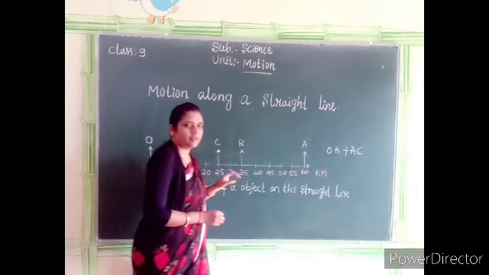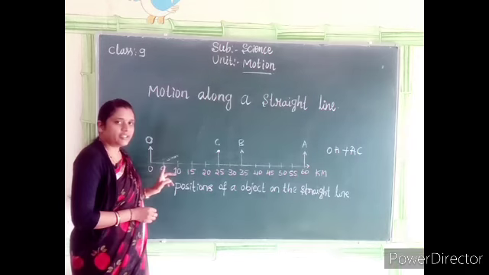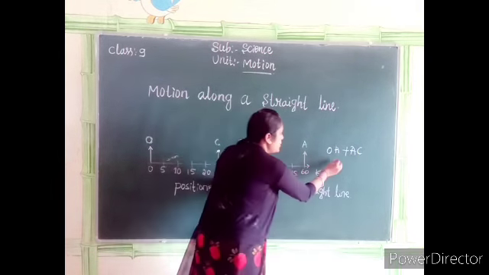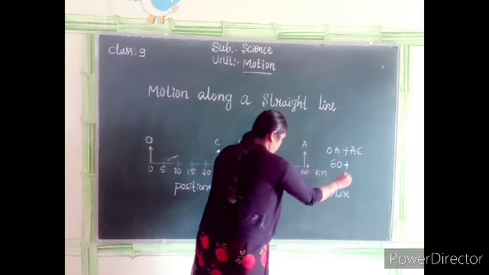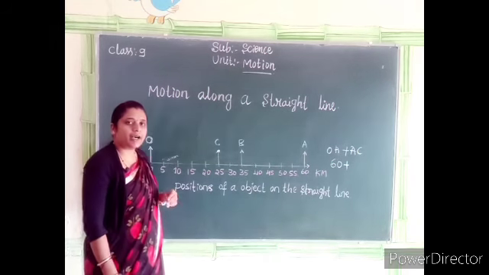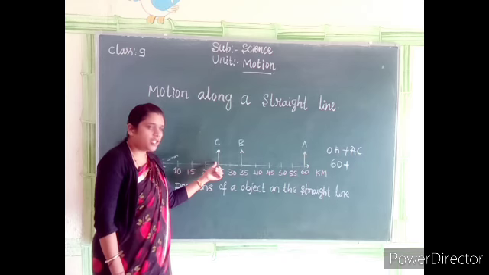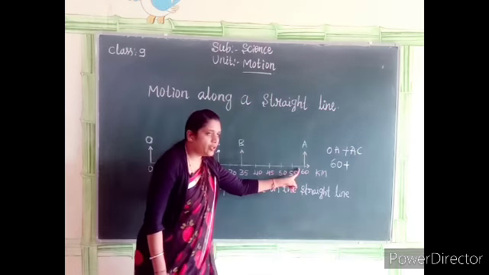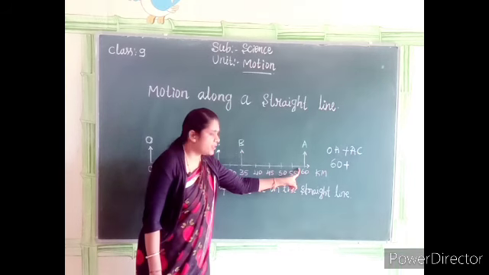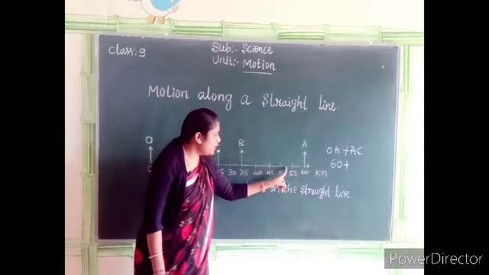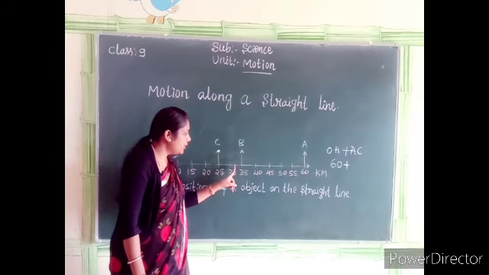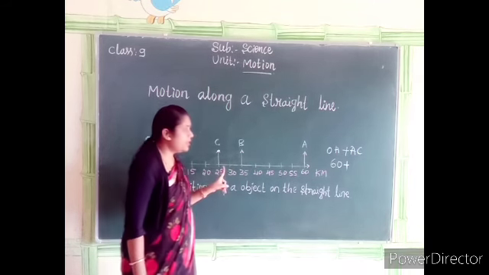So students, you know the distance O to A is 60 kilometers, plus it comes back to position C. The distance between A and C: every interval has 5 kilometers, so 5, 10, 15, 20, 25, 30, 35 kilometers.